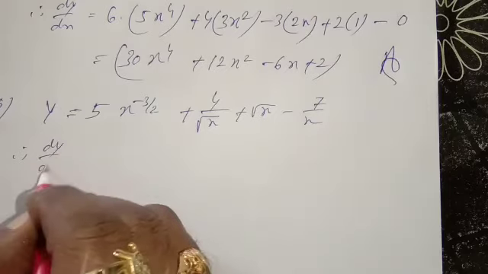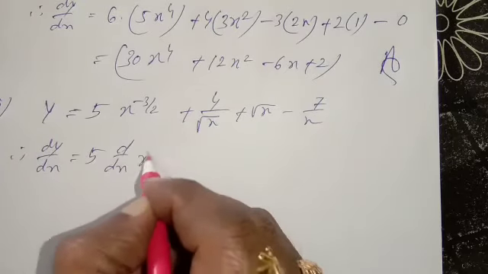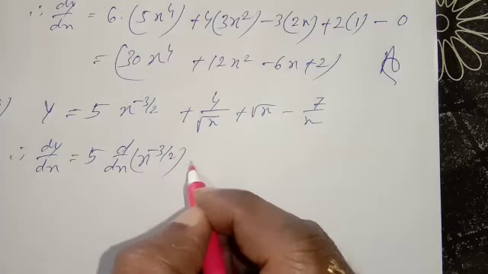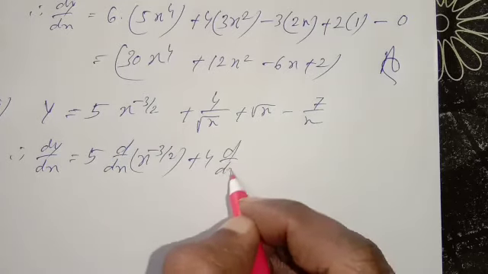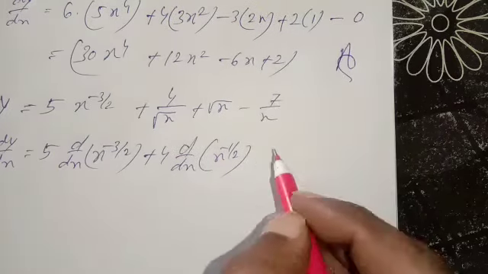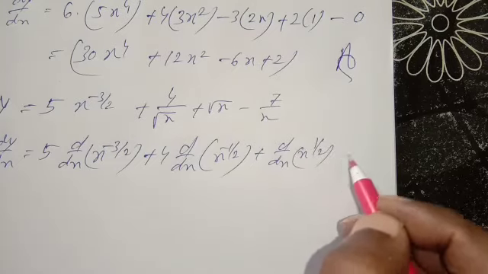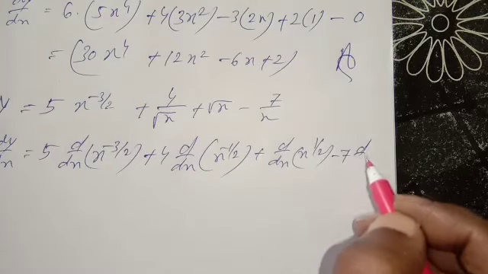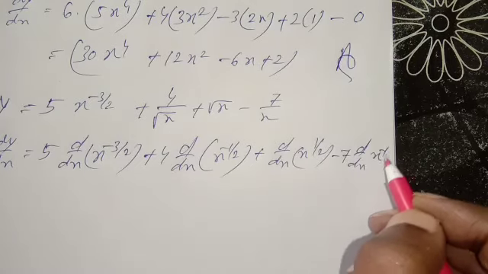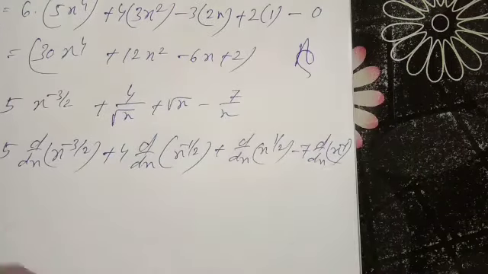Therefore dy by dx: 5 will go outside, d by dx of x to the power minus 3 by 2. 4 will go outside as the coefficient, x to the power minus half. After that d by dx of root over x means x to the power half. Minus 7 will go outside, d by dx of x to the power minus 1, since 1 by x is x to the power minus 1.